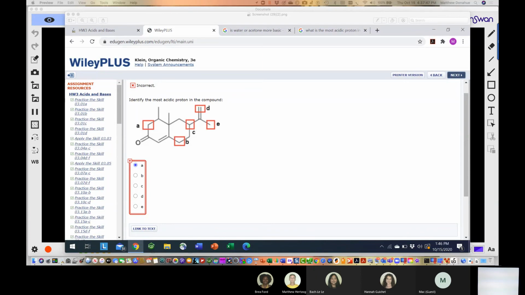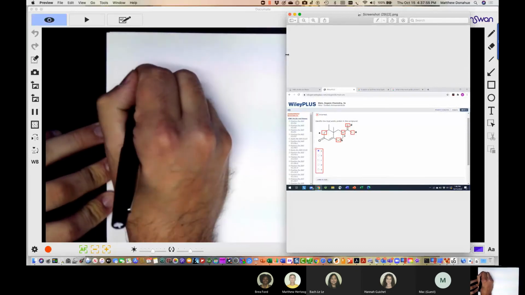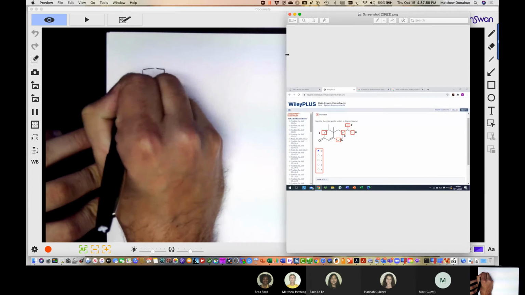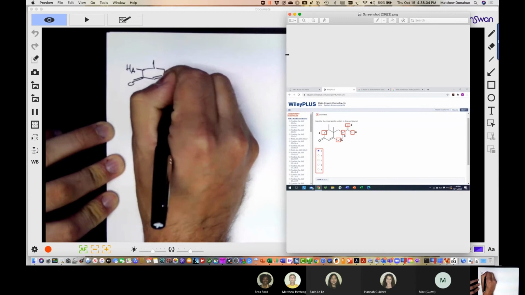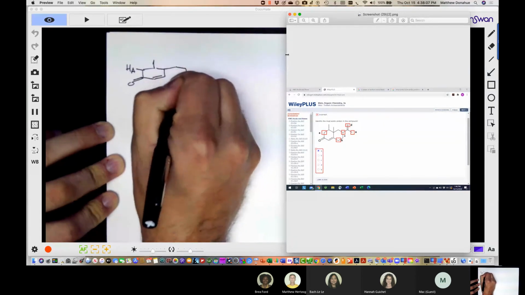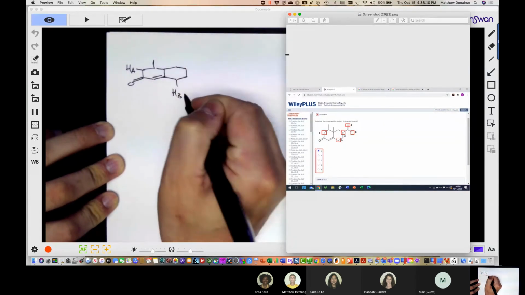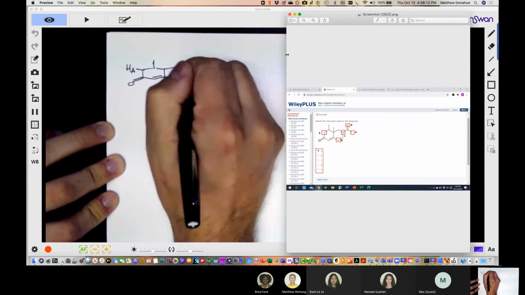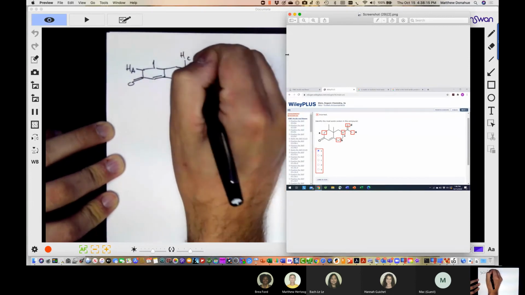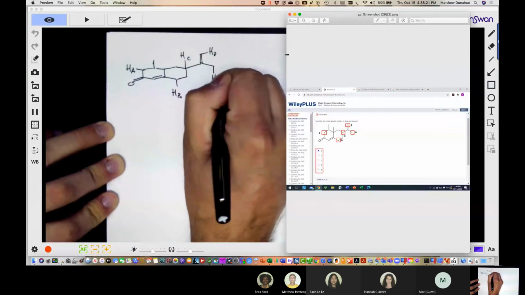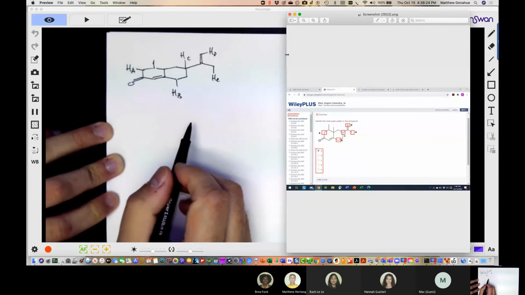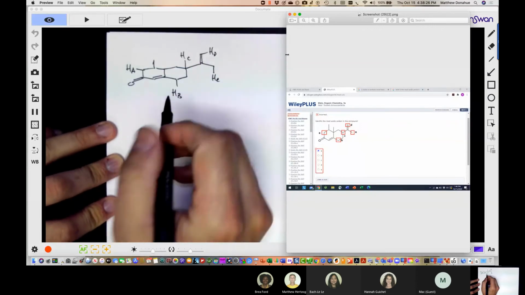So I'm going to shrink this down a smidge so that you can see what I'm doing here. So there's HA, HB, HC, HD, HE. And so the reason that HB is the most acidic, again, is due to resonance.